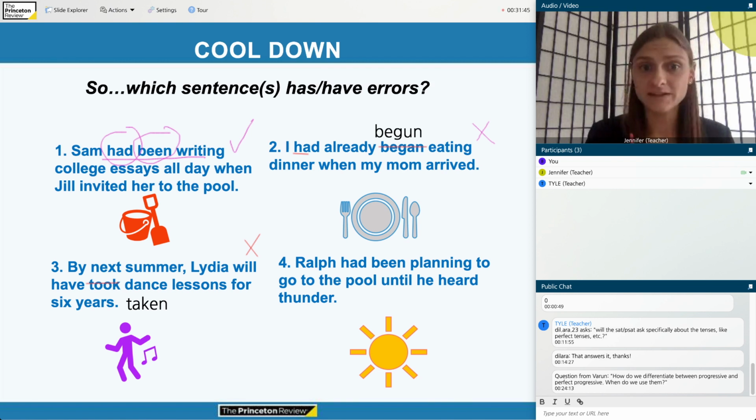And then finally, number 4, Ralph had been planning to go to the pool until he heard thunder. This one is correct as written. There's no issue here. But what tense are we dealing with? Ralph had been planning. We've got to have, we've got the past participle of to be, and we've got a present participle.